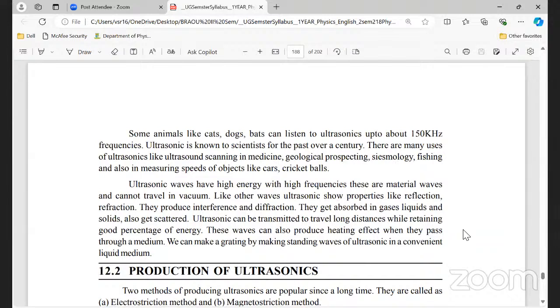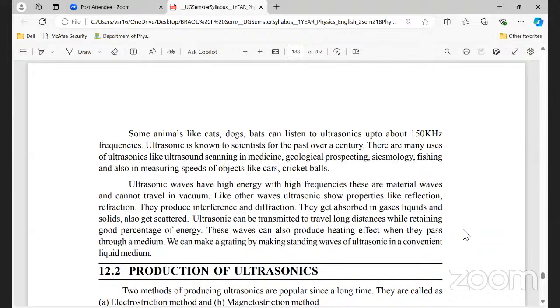They can easily identify defects inside your digestive system, the intestine, whatever it may be, by sending these ultrasonic sounds. Also geological prospecting, there you can identify that.